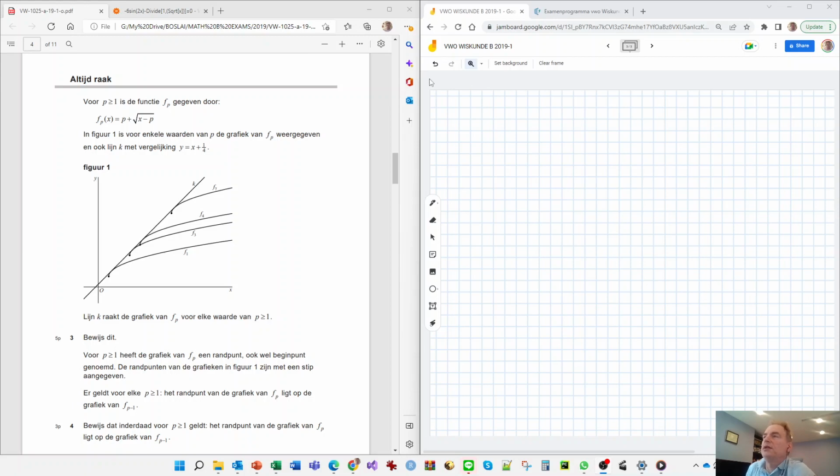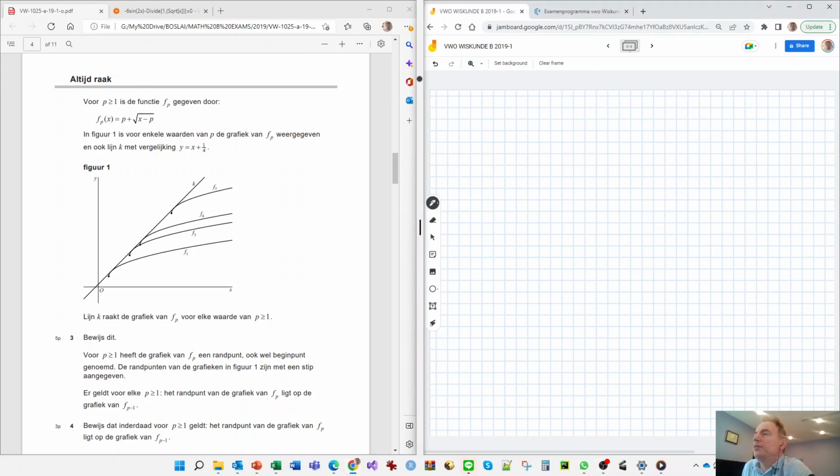Next, question 3. We have a function fp, p greater or equal to 1, and it is shown for several values of p. And they also give a line k with this equation. Then they say this line k is a tangent of fp for every value p greater or equal to 1.